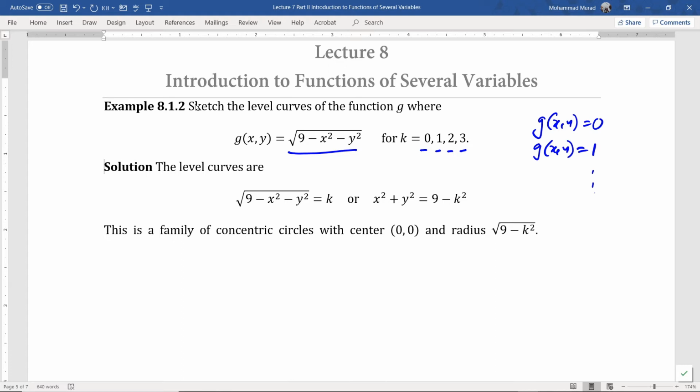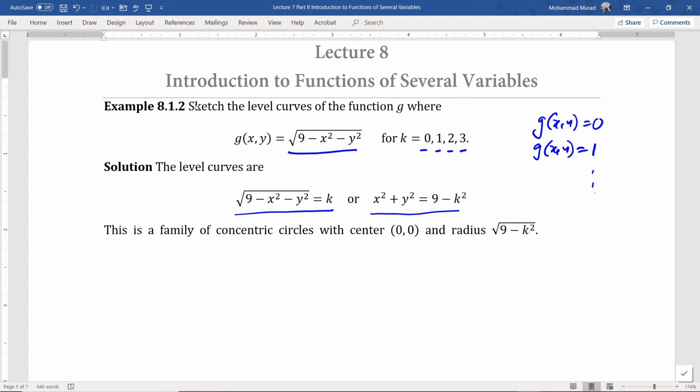The level curves are given by this equation: g of x, y equals k, or the positive square root of the quantity 9 minus x squared minus y squared equals k. This can be rewritten by squaring both sides in the following form: x squared plus y squared equals the quantity 9 minus k squared.